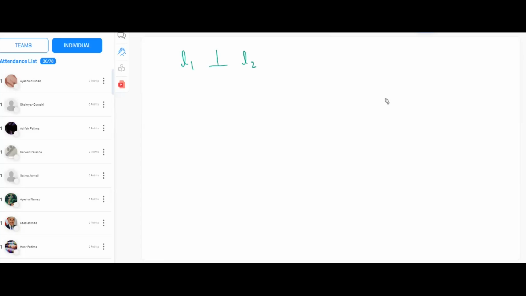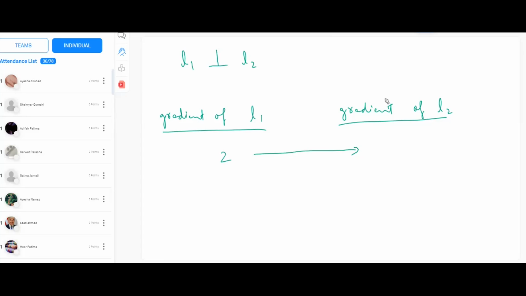Let's say आपको M1 का gradient पता है, gradient of L1, उसको यूज करना है आपने gradient of L2 figure out करने के लिए. So let's say gradient of L1 जो है ना, that is 2. What about the gradient of the other line? Any ideas? The other line is going to have a gradient that is negative reciprocal of the first line.